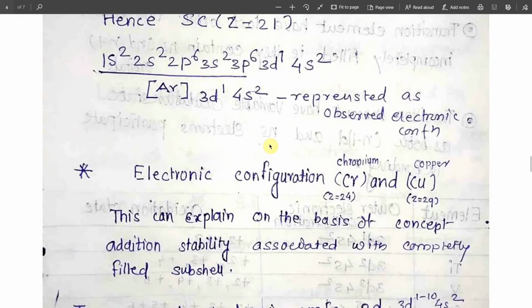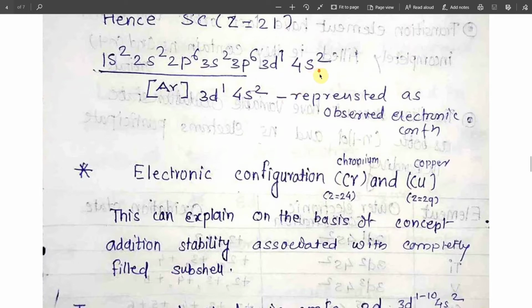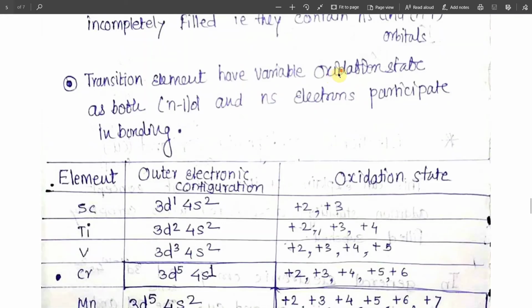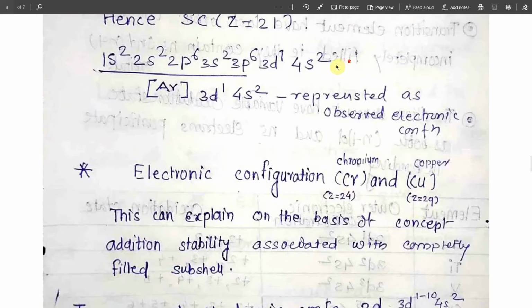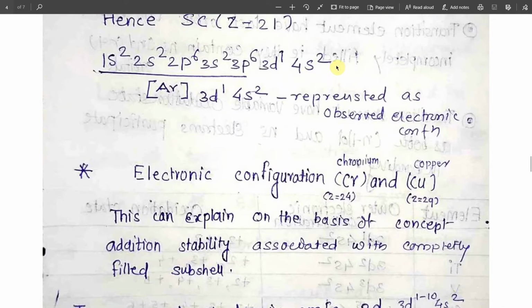The configuration is 1s2, 2s2, 2p6, 3s2, 3p6, 3d1 and 4s2. Argon is the nearest noble gas, so you write in square brackets: argon 3d1 4s2. This is the observed electronic configuration of scandium.